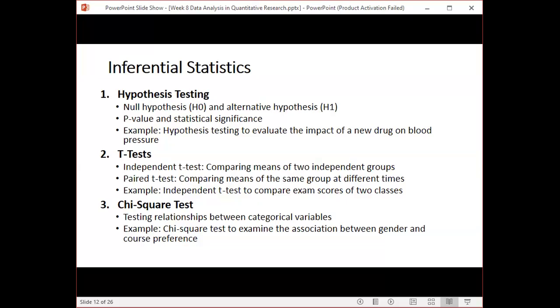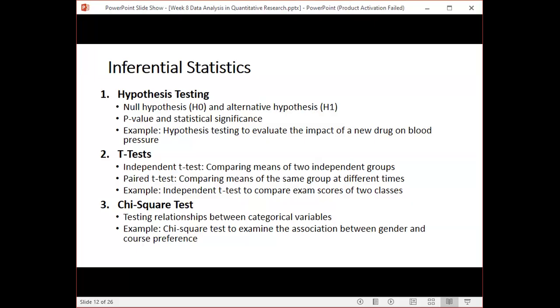Okay. So we can do hypothesis testing as an inferential statistic in quantitative research or in quantitative data analysis. Okay. We can do t-tests. T-tests are other forms of quantitative analysis where we are testing the hypothesis that one group is the same as the other, or the one group is different from the other.